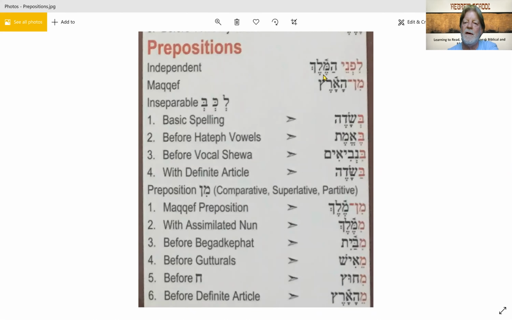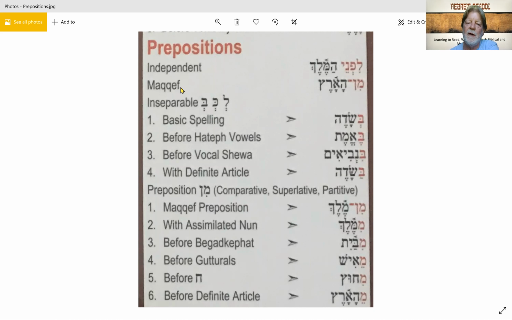Hamelech is the king. Lifanei means before, and it can mean before in time, sometime in the past, or it can be a reference to before the king in the sense of being in his presence. The independent idea here is that the preposition and the noun are two separate words.